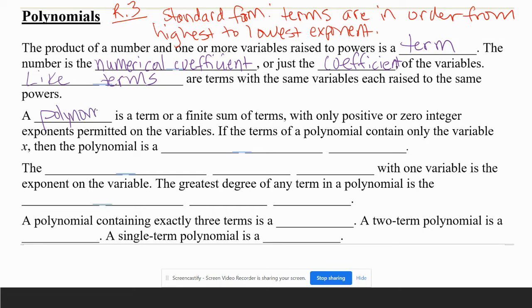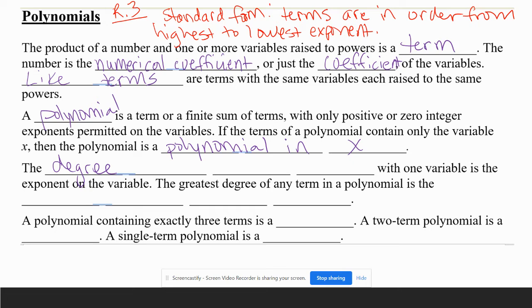A polynomial is a term or a finite sum of terms with only positive or zero integer exponents permitted on the variable. If the terms of a polynomial contain only the variable x, then the polynomial is a polynomial in x.